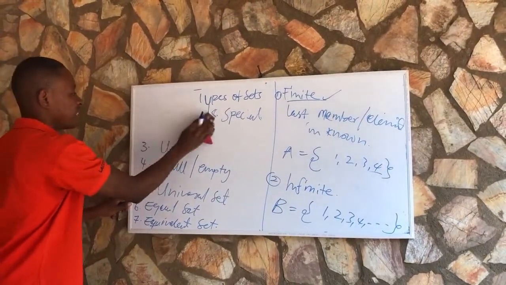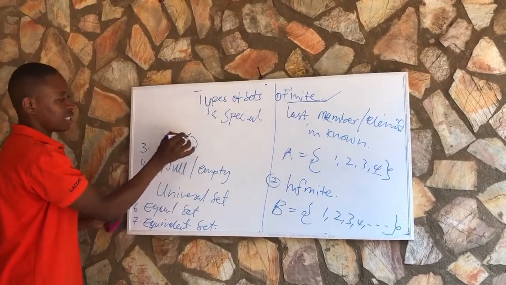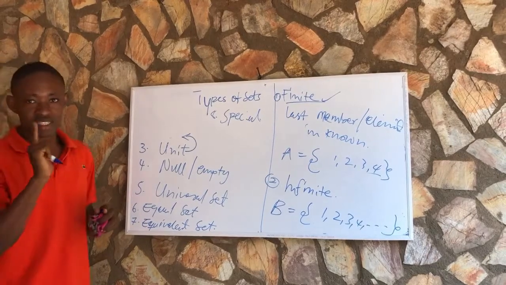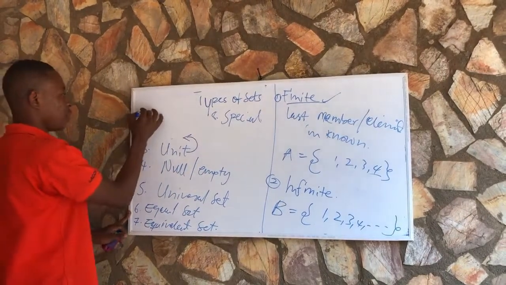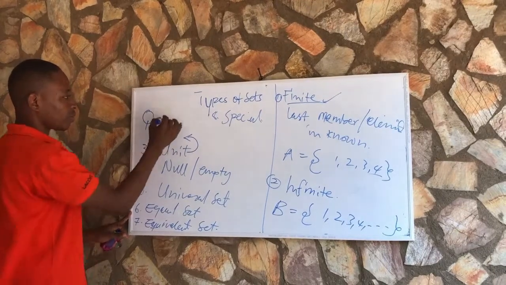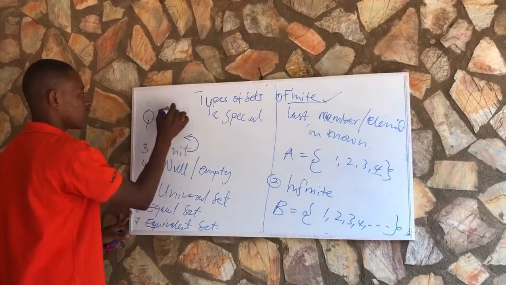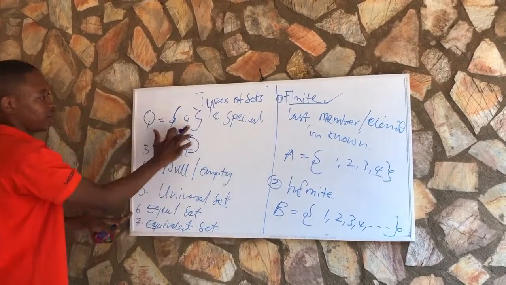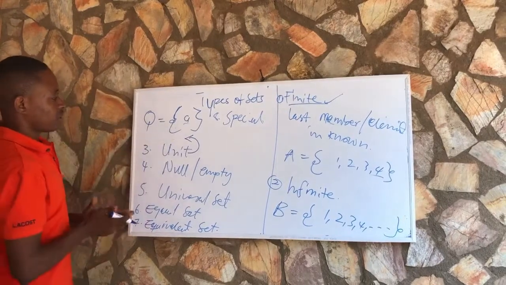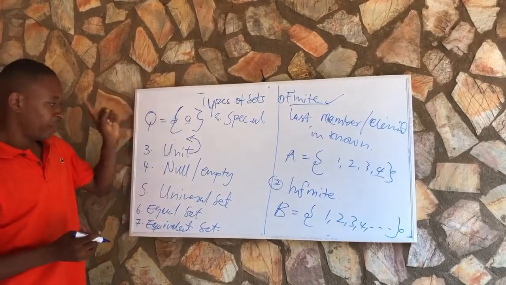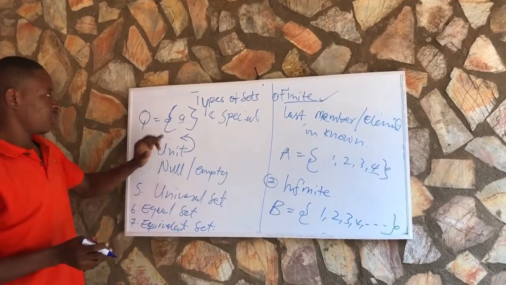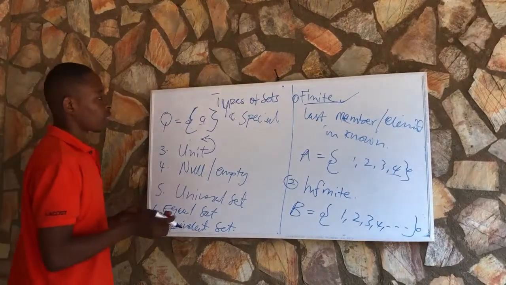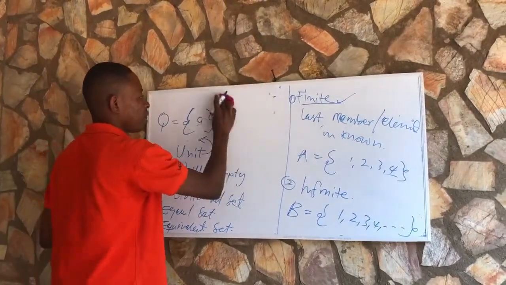The next type of set is a unit set. We say a set is unit if it has just one single element or member. So for example, we have set Q equals A. The set Q contains just an element A. Because of that, we say Q is a unit set because it contains just one element or member.